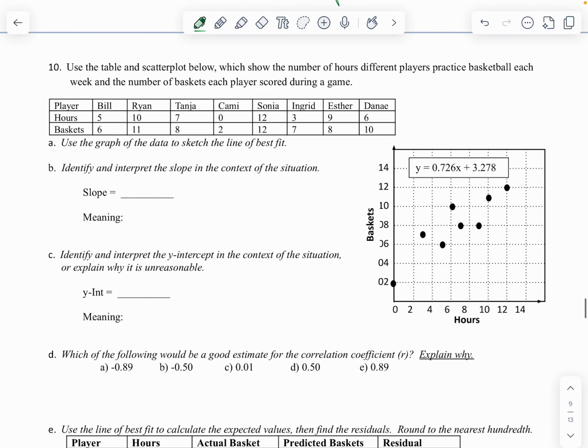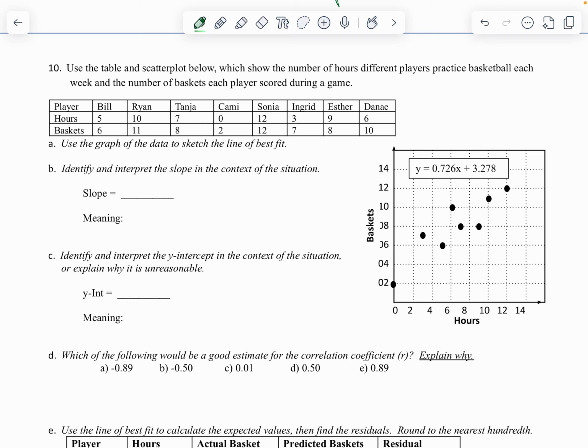Okay, this one. Use the table and scatter plot, which shows the number of hours different players practice basketball each week and the number of baskets each player scored during a game.